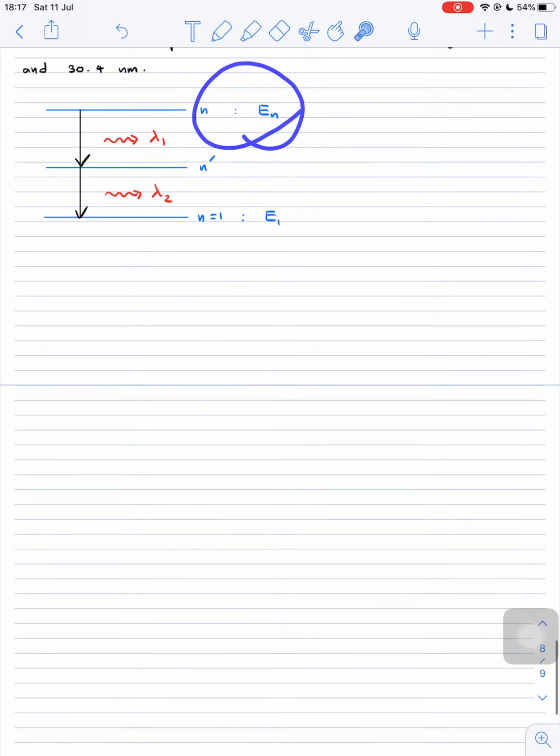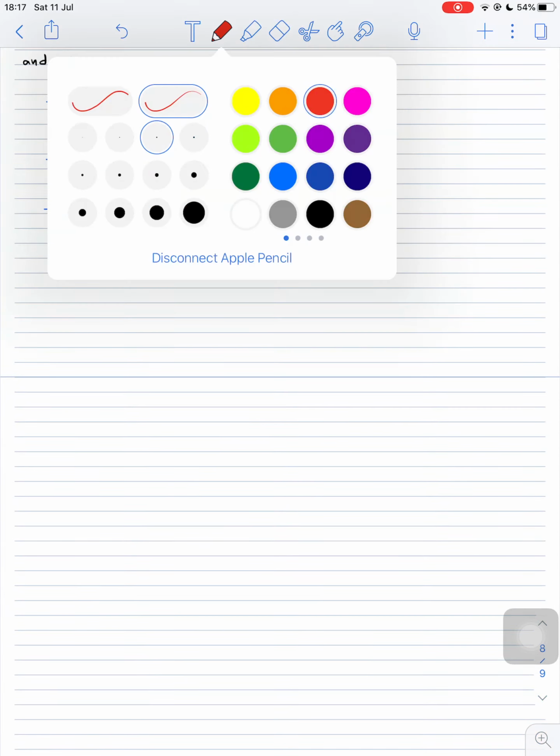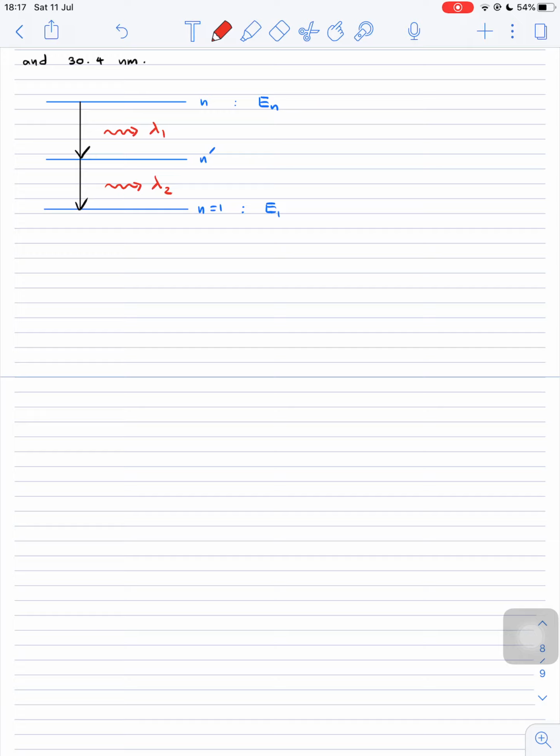So how? We can use the conservation of energy to say that the energy of the electron at the state n is equal to the energy of the electron at the state n equal to 1, plus the energy of these 2 photons.